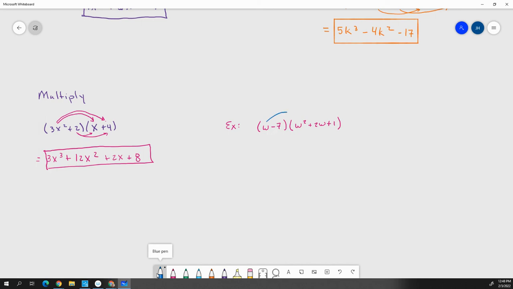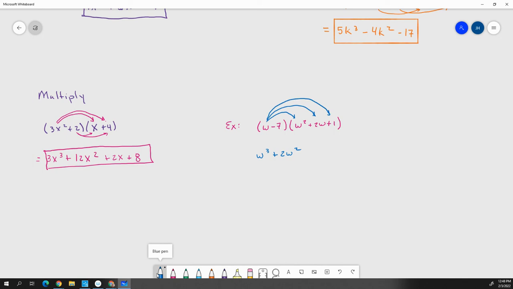I am going to take this first number, this W, and I'm going to multiply it by each one of these pieces. Right? I'm going to go W times W squared gives me W cubed. And then I'm going to go W times 2W. Well, that gives me plus 2W squared. And then I'm going to go W times 1.